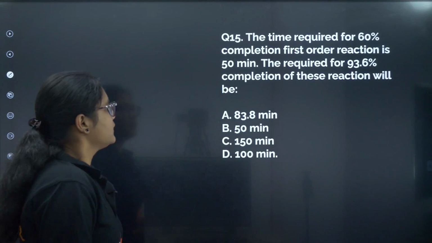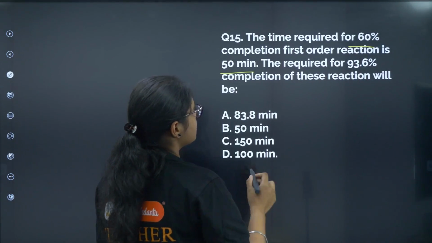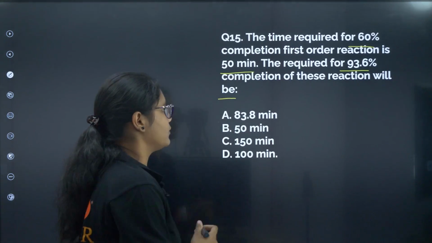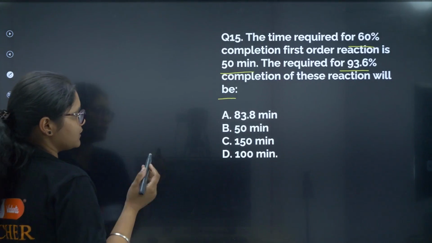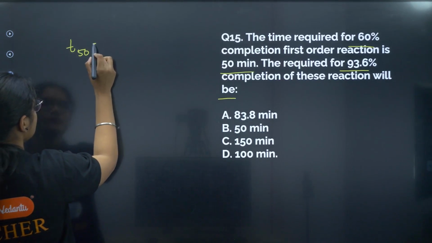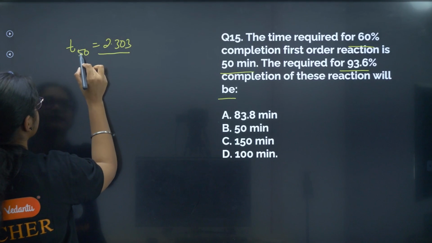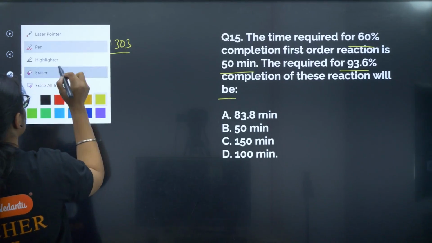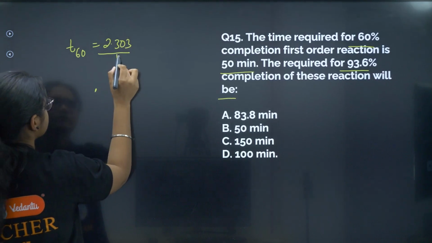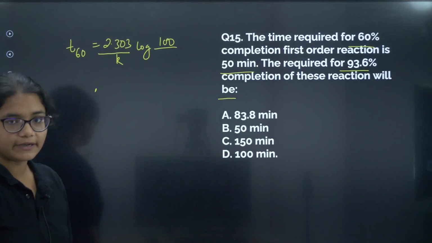Next, the time required for 60% completion of the first order reaction is 50 minutes. The time required for 93.6% completion of this reaction will be. So here, again it is a first order reaction. T60% will be 2.303 by K log of 100 by 40, since 60% is completed and 40% will be left.